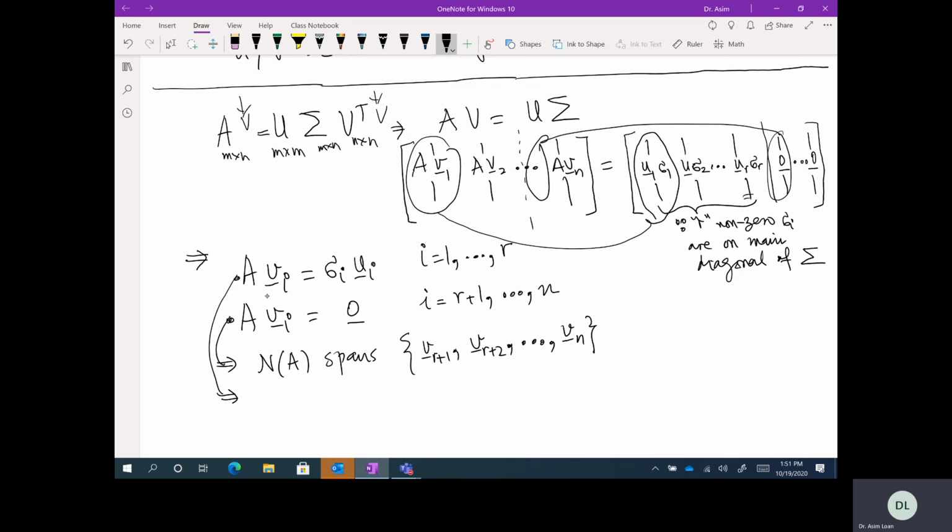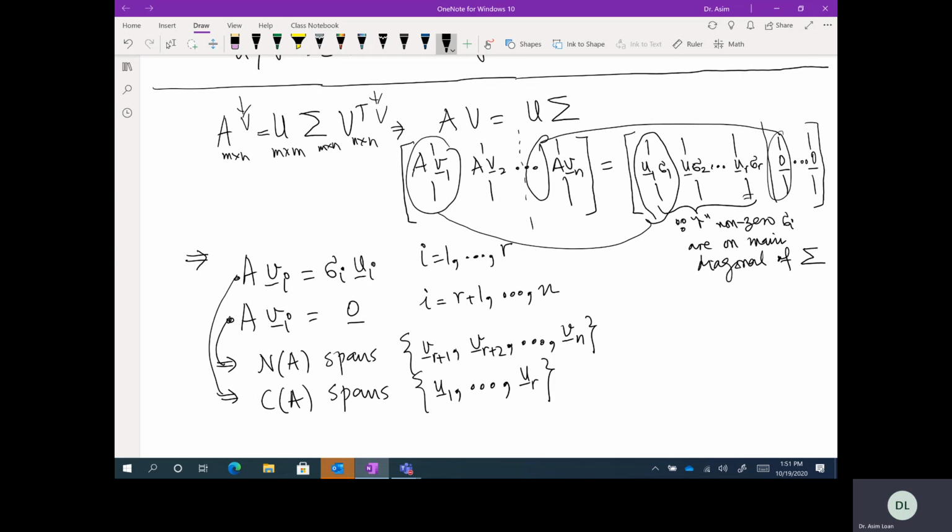And A Vi gives you the column space of A. So Ui is in the column space of A. This is the b vector, if you recall from chapter 1 and chapter 2. So A Vi is a combination of the column space. So the column space of A spans U1 up to UR.